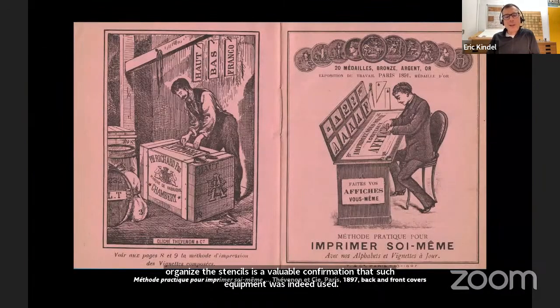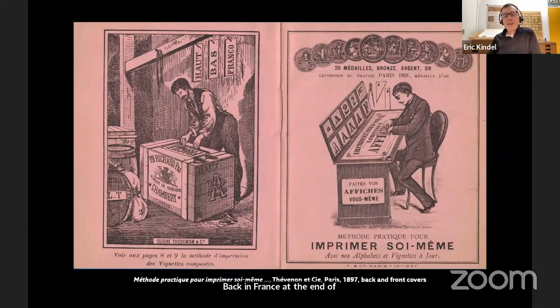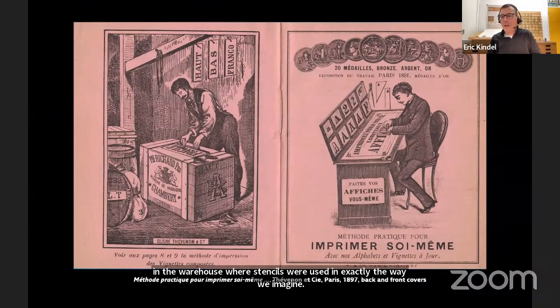Back in France, at the end of the 19th century, we find stencil work in the office where one could print posters oneself, and in the warehouse where stencils were used in exactly the way we imagine for marking crates, sacks, and barrels.